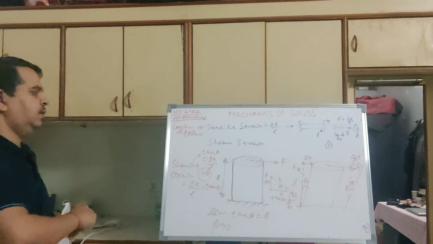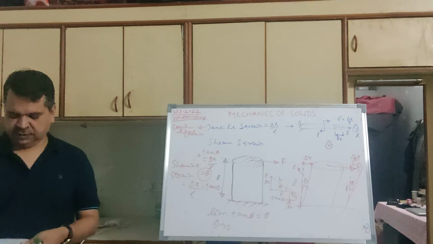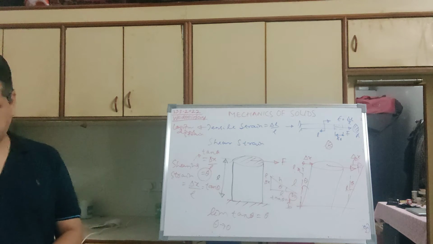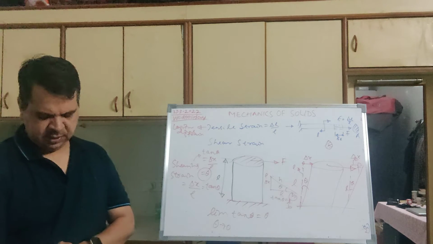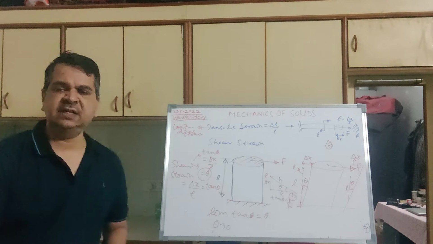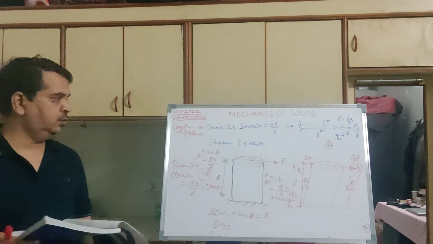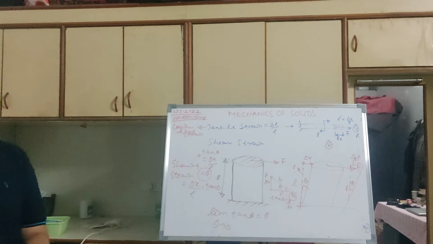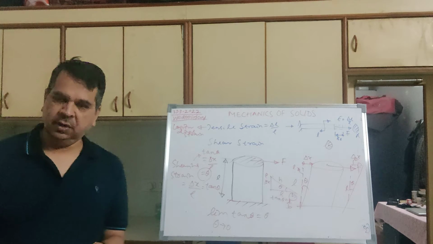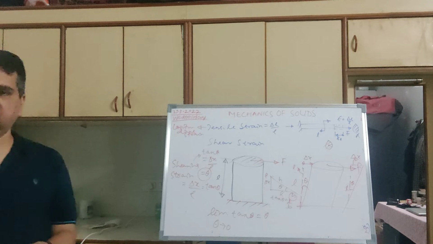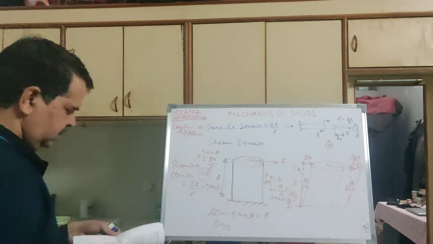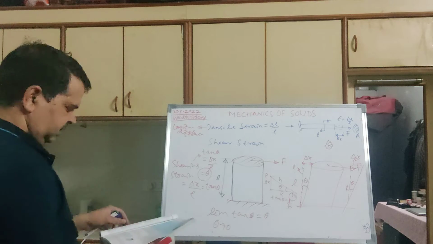So now you understood what is tensile or longitudinal strain and what is shear strain. Similarly, there is something called volumetric strain. We will study three strains: longitudinal strain, shear strain, and volumetric strain.